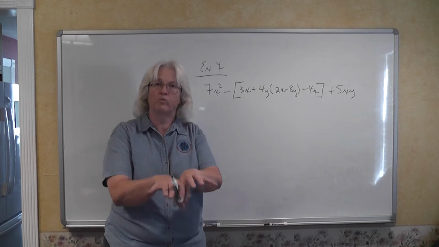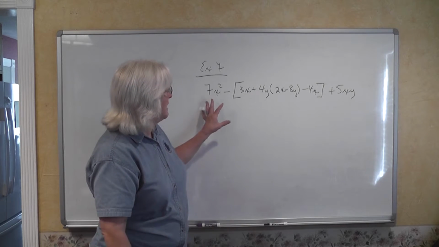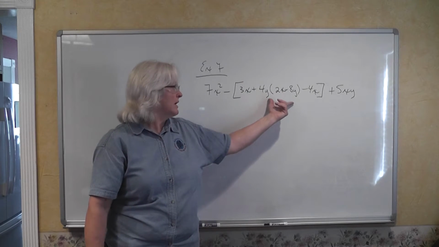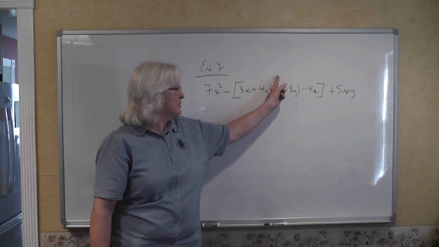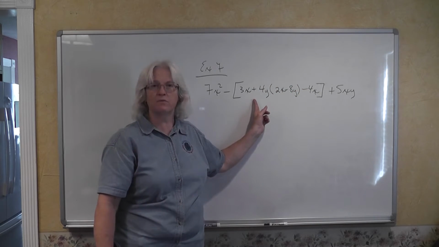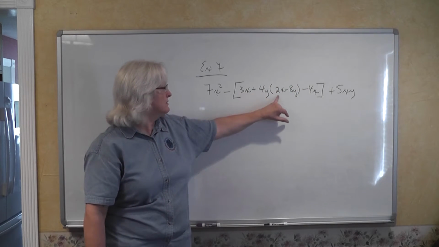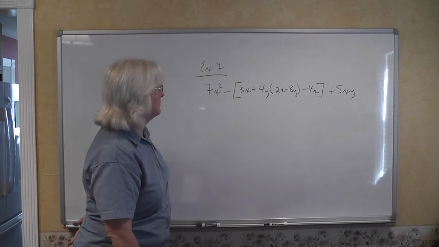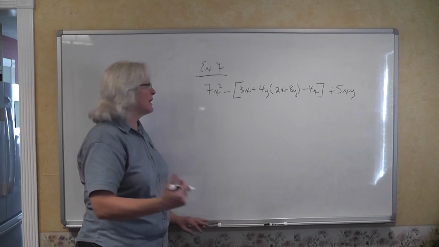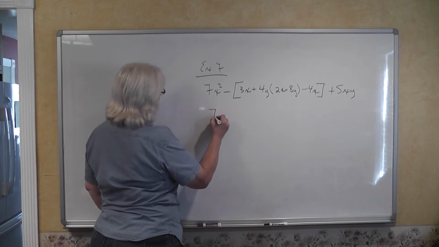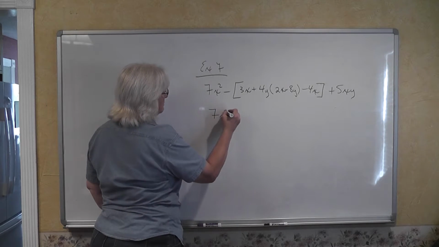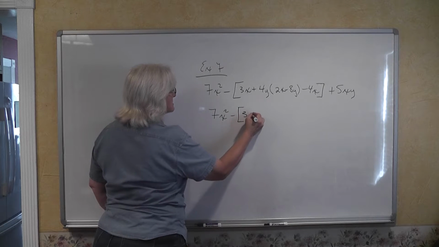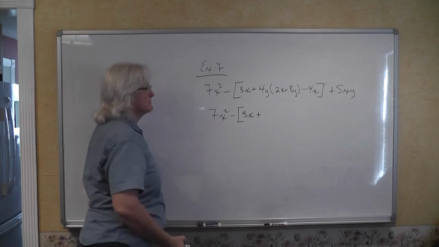Remember, we work from the inside out. When we have multiple symbols of inclusion, we have brackets, we have parentheses. What we have going on here at the very center is 4y times the quantity 2x minus 8y. So we're going to have to distribute there. Now, how are we going to write this? We're going to start at the left-hand side and we're writing down every single thing. 7x squared minus bracket 3x plus.